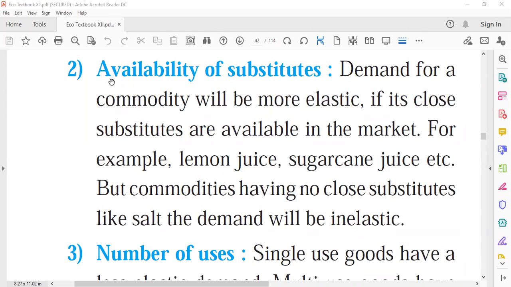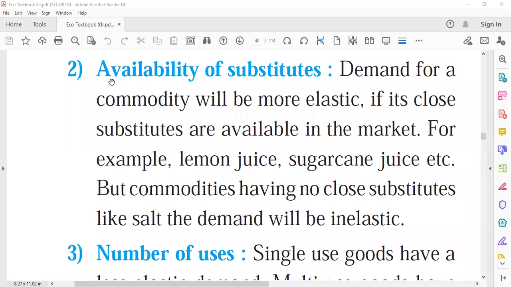But if there is no substitute at all, you have no option but to purchase that same commodity even at a higher price. Let us take the example of salt.